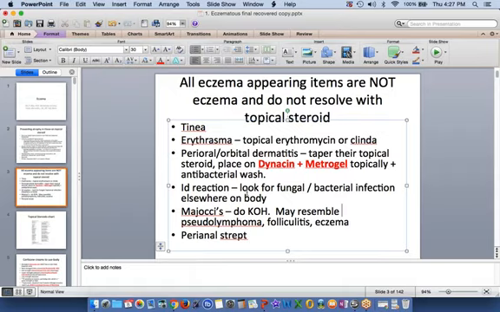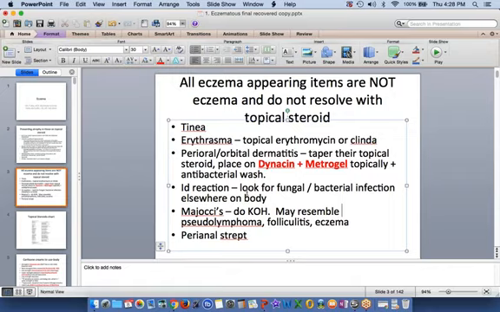And the only way you can really find this is by doing a scrape and looking for fungal elements under a microscope, and or doing a biopsy if you're suspicious of that, even if your KOH is negative. And then there's a condition called perianal strep, which is probably in the differential diagnosis.